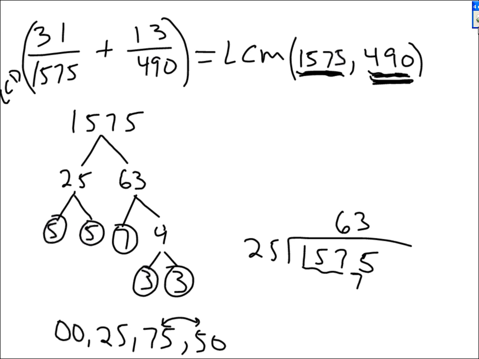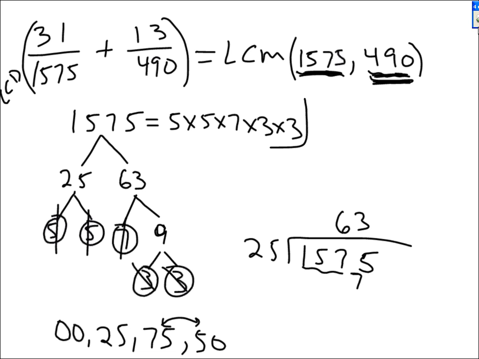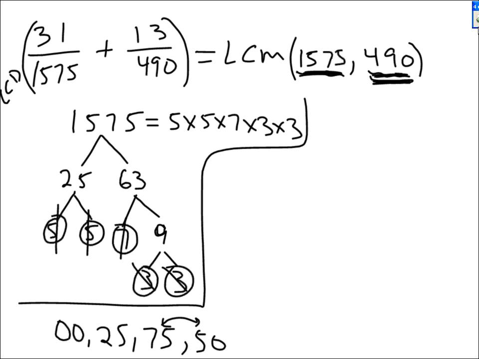Okay, so we have that 1575 is 5 times 5 times 7 times the 2 3s on the bottom. Okay, that's done. Took a lot of space, but it's done. Let's do 490.